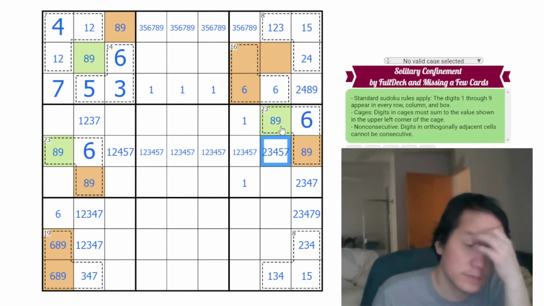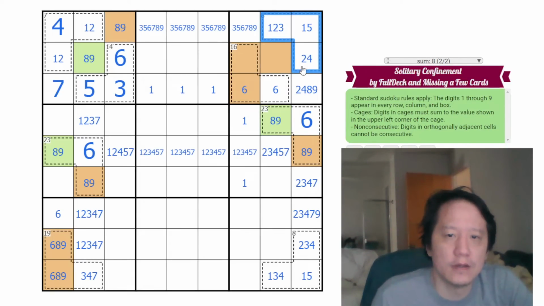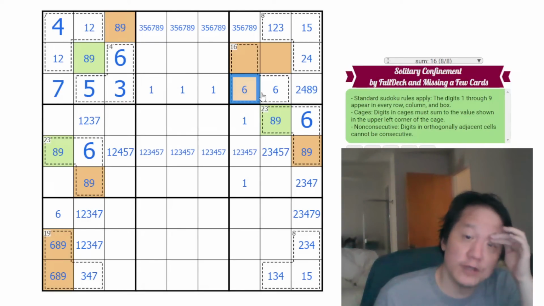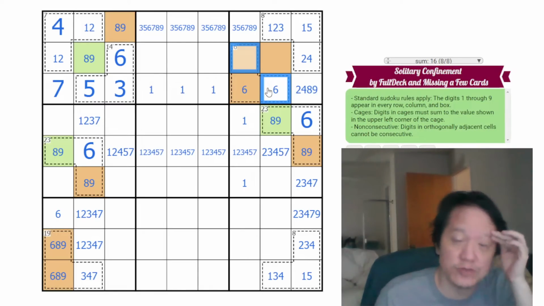Okay. It could be 9, but only if it's 2, 5, or 3, 4 here, right? So if it's 9, this would have to be 9, and well, I guess it could be 2, 5.